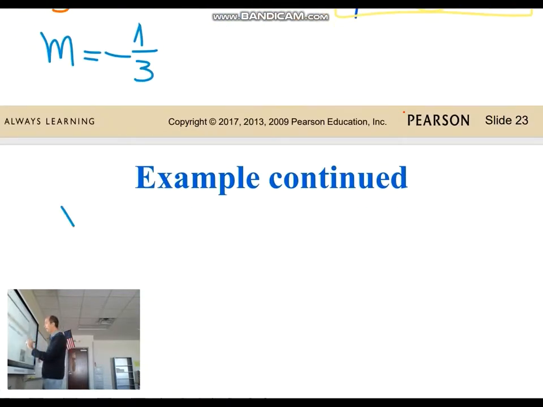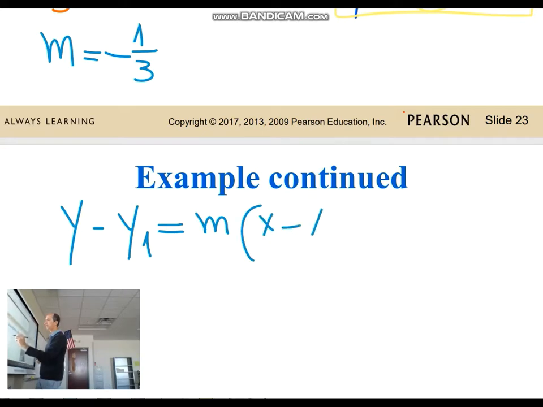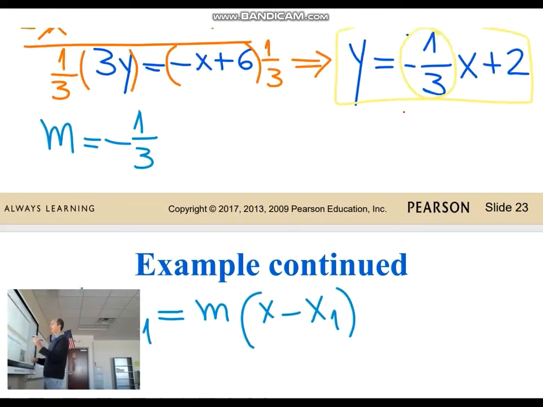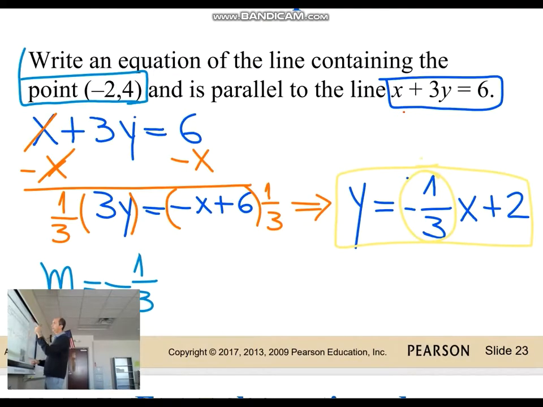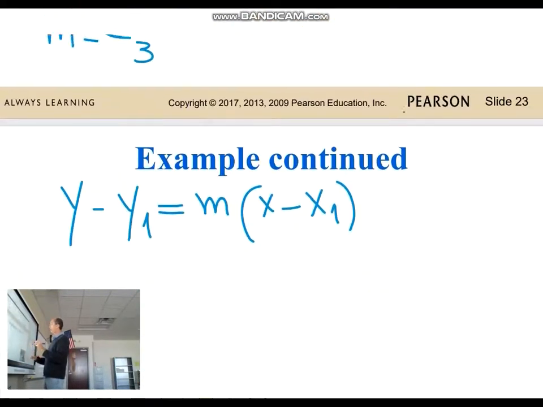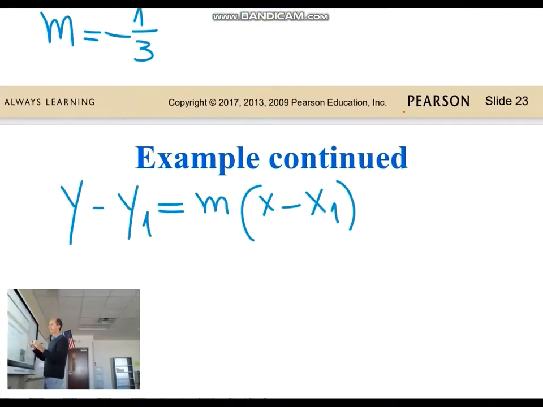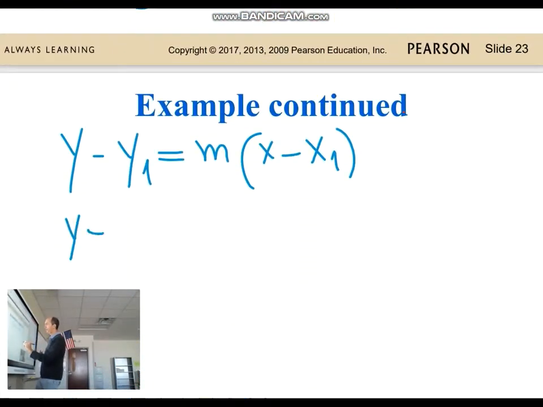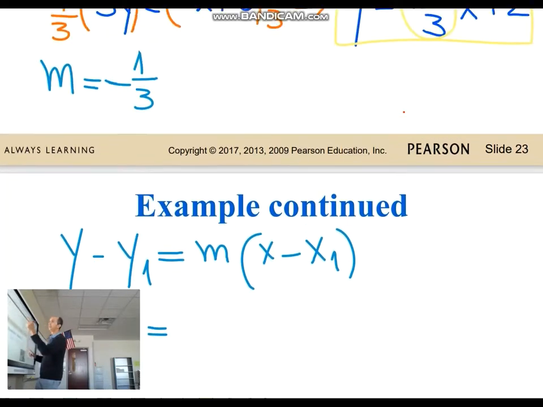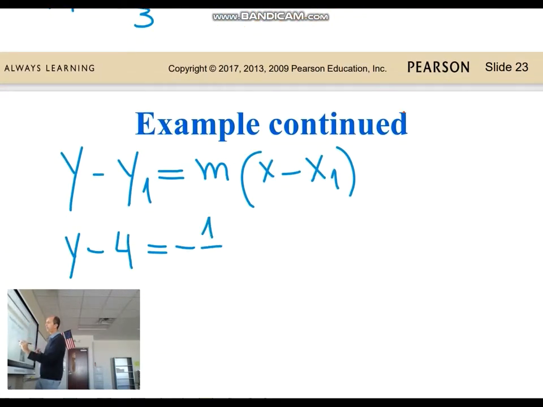We can apply this formula now, because we have one point of the line: y minus y1 equals the slope times x minus x1. x1 is -2, y1 is 4, so y minus 4 equals -1/3 times x minus -2.